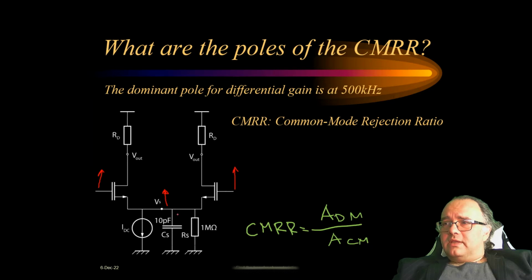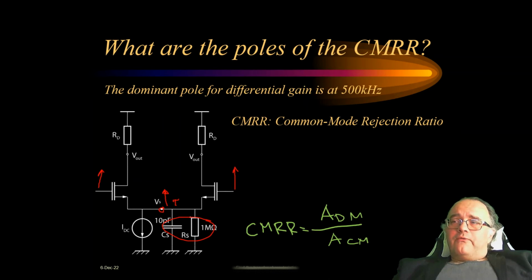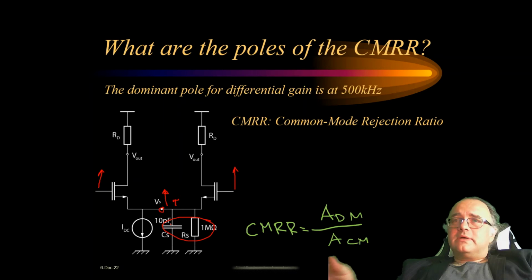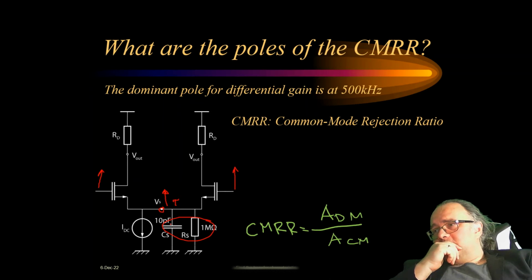So then we have charging and discharging of this part, and we have to see what the effect of the pole and zero will be, what the effect of the time constant associated with this node will be. For very low frequencies, we can ignore the capacitance, and then the impedance will be dominated by 1 megaohm.